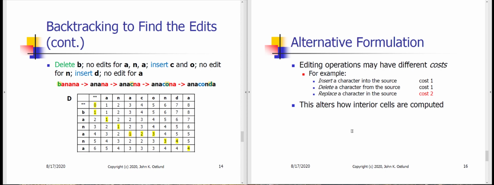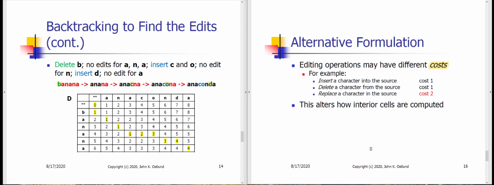Sometimes this problem is presented with a slightly more complex formulation. It is possible to specify that each of these editing operations has a different cost. So our assumption when we set this up was that insert had a cost of 1, delete had a cost of 1, and replace had a cost of 1. That is, all 3 of these operations had an equal cost, and so our formula was quite simple.